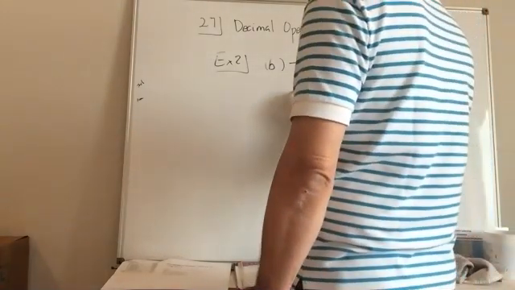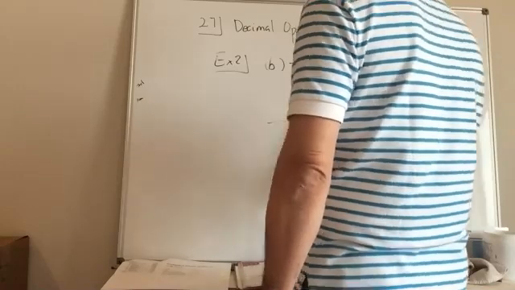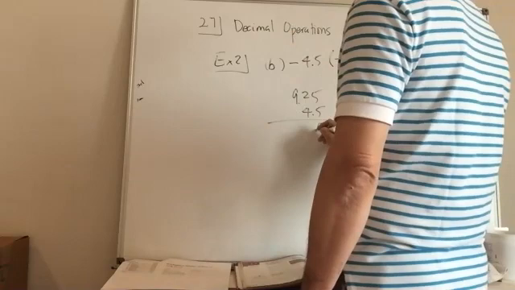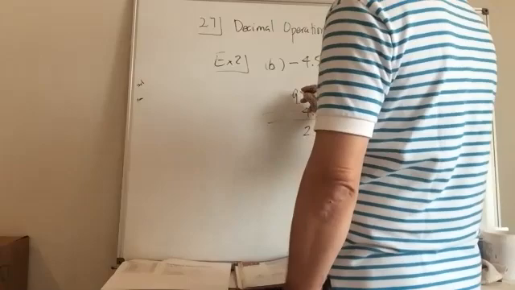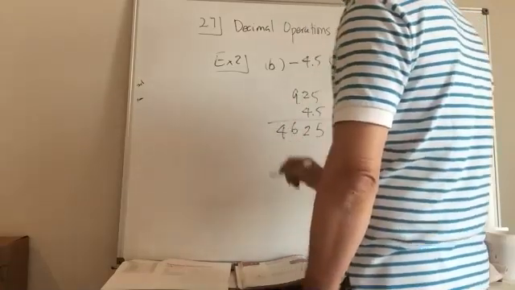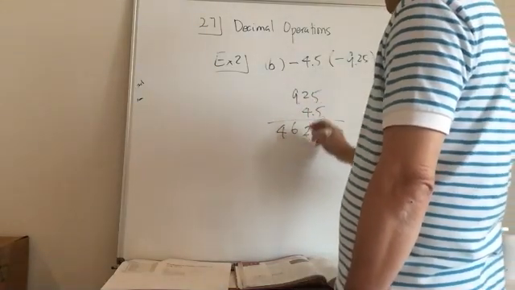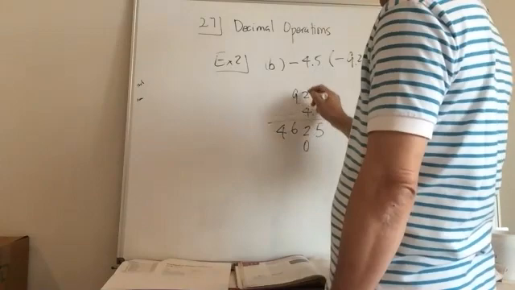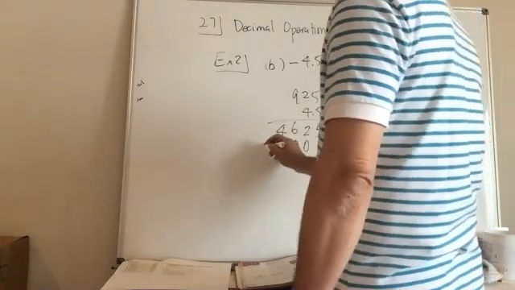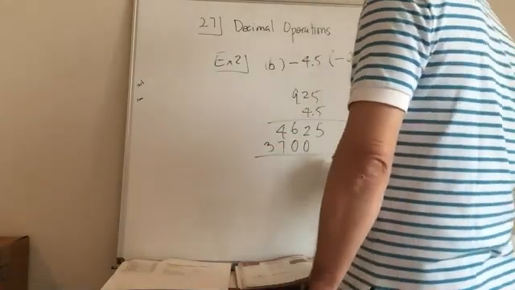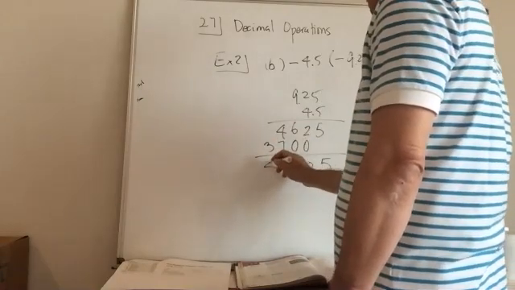So we're going to multiply 9.25 by 4.5. 5 times 5 is 25, 2 carries over, and so on through the multiplication.